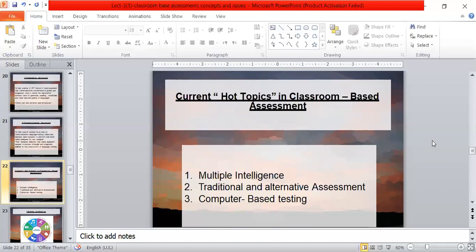So, coming towards the core factor of this session, we have to discuss three different classroom-based assessment topics. The three topics are multiple intelligence, traditional and alternative assessment, and computer-based learning.